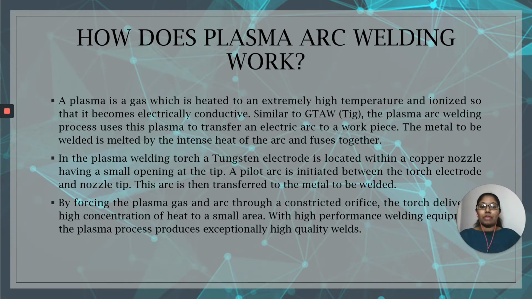By forcing the plasma gas and arc through the constricted orifice, the torch delivers a high concentration of heat to a small area. With high-performance welding equipment, the plasma process produces exceptionally high-quality welds.